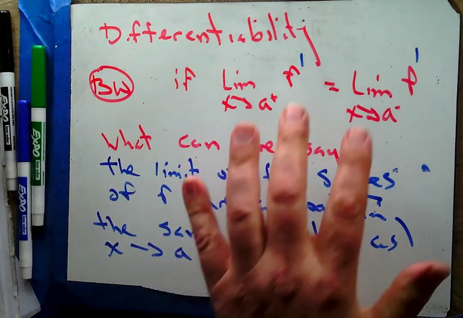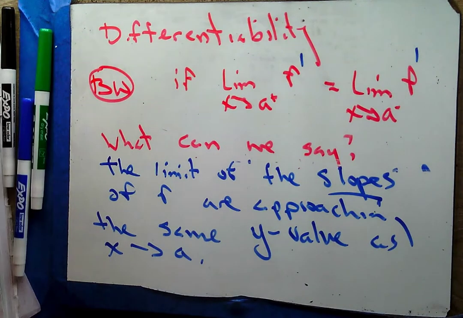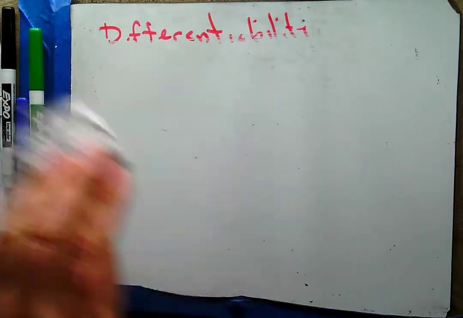Okay, so this notation says that the slopes from one side equal the slopes from another side. Whatever that slope is, we're approaching the same number. All right, so there's our bell work.